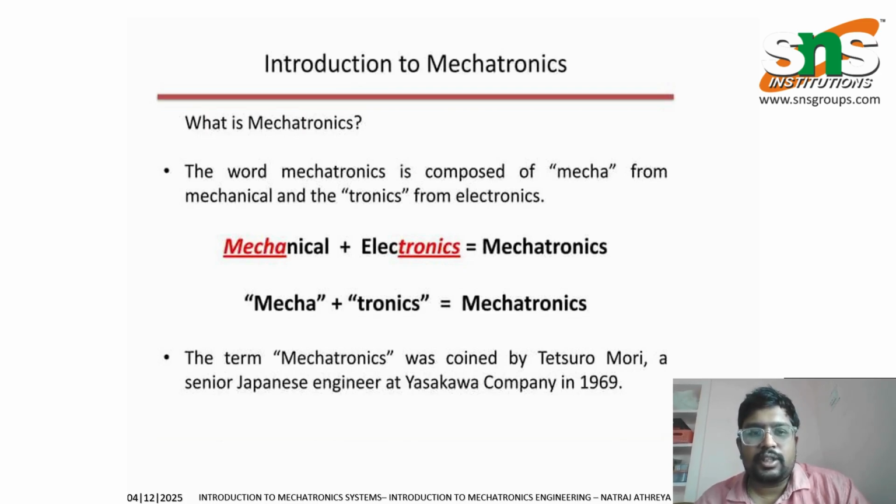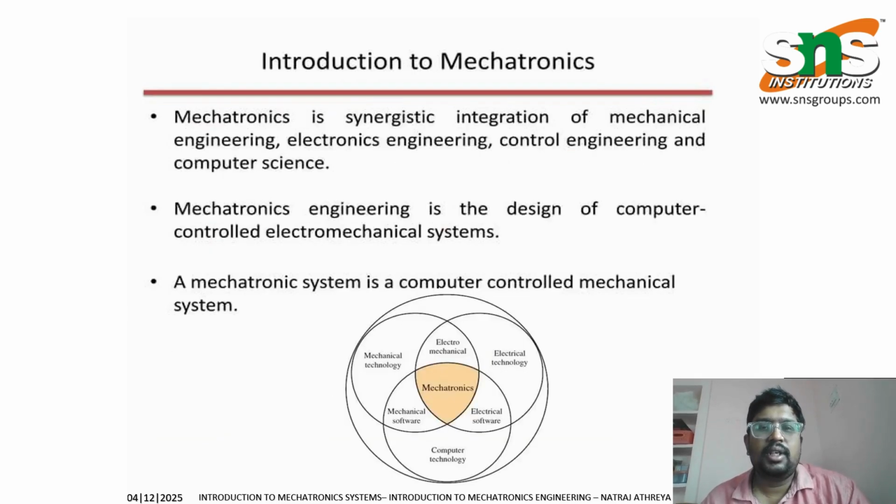Initially it was just a combination of mechanical linkages or mechanism or structure along with electronics. But later it evolved to include a lot more than that. We'll discuss that in a bit.